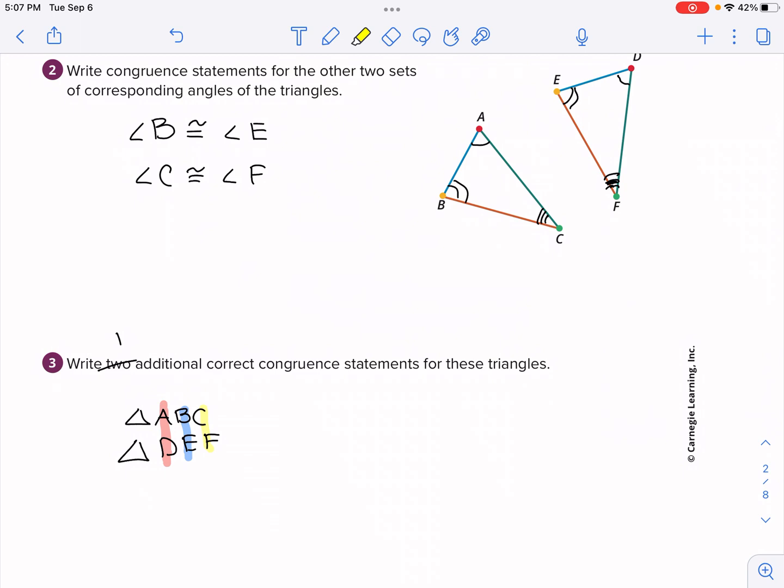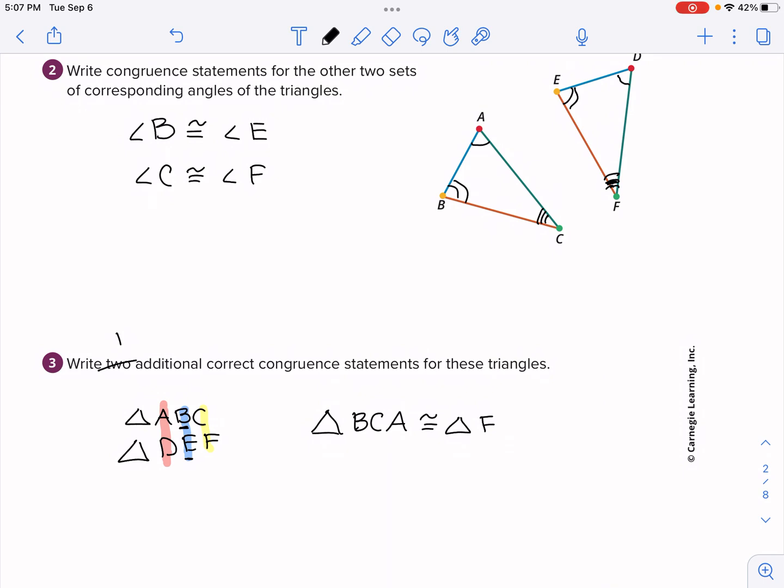So another one is we just jumble up A, B, and C. Instead of A, B, and C, let's go in a different order. Let's say triangle BCA is congruent to, well, we'll have to keep that order. As you can see, B is congruent to E. So we started with B here.